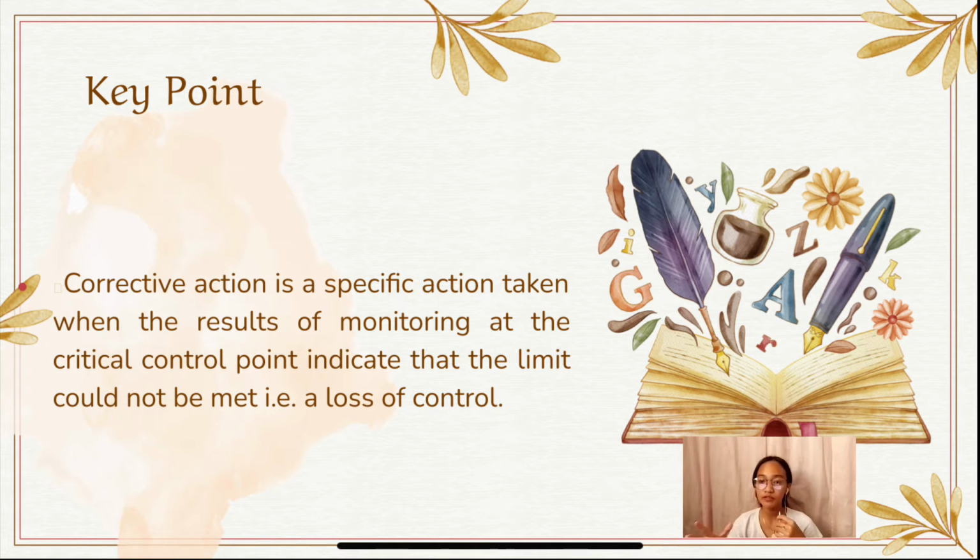Whenever a limit for critical control point is exceeded, the plant will need to take corrective actions immediately. The plant management has to determine the corrective action in advance and should ensure that the actions are able to bring the CCP under control. Actions taken must include proper disposition of the affected products.